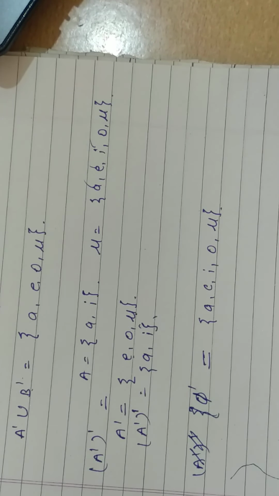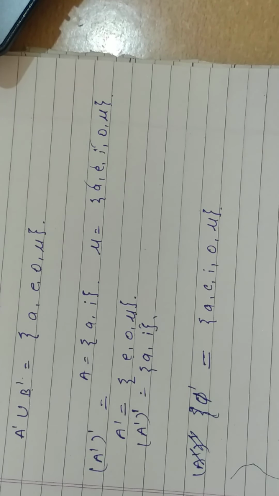Now when you see all these 10 parts, then you find out some properties. What properties? Now see the first part. In first part we are finding the A complement. In second part we are finding the B complement. And in third part we are finding the A union A complement. Whenever you find the complement of a set, and if you take the union of a set and its complement, then always you get a universal set.